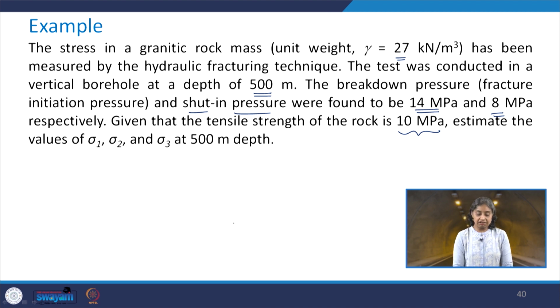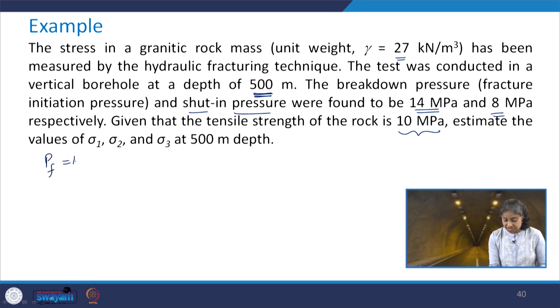Which is the 500 meter. So, we have this depth as the 500 meter, then the breakdown pressure or the fracture initiation pressure is 14 MPa. So, basically this is PF, which is 14 MPa. Then we have the shut-in pressure as 8 MPa.